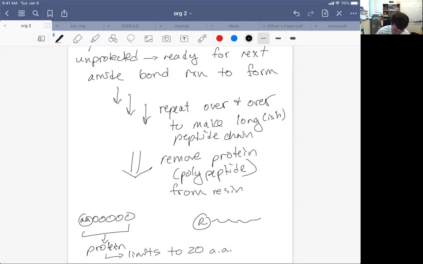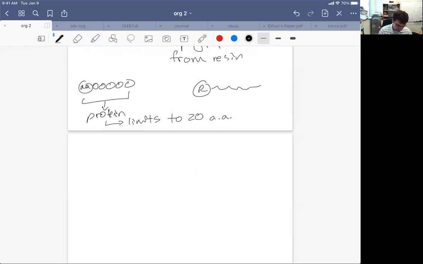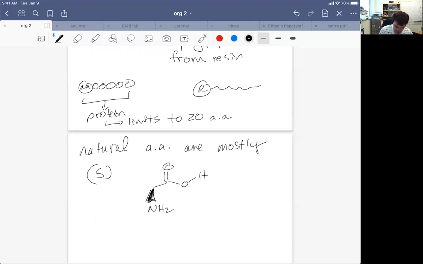Oh, one thing I'll just mention is that natural amino acids are mostly S, where we've got the NH2 and the carboxyl group poised this way, and this is usually a wedge with our side chain over here, where if we go 1, 2, 3, that's then S. Now we call these L amino acids because they have what looks like the same configuration as L-glyceraldehyde.